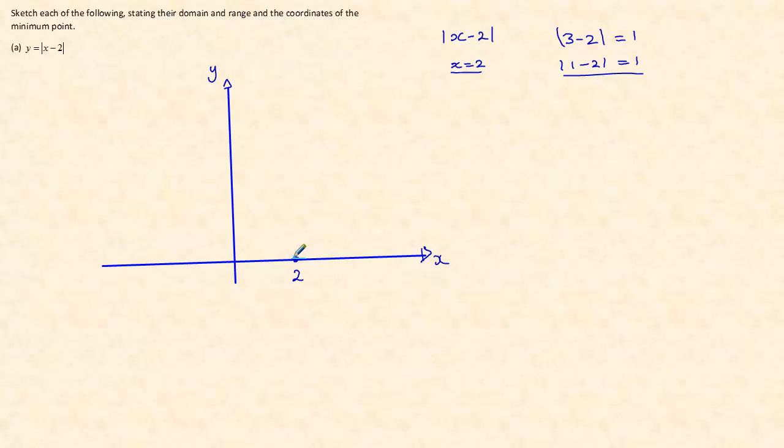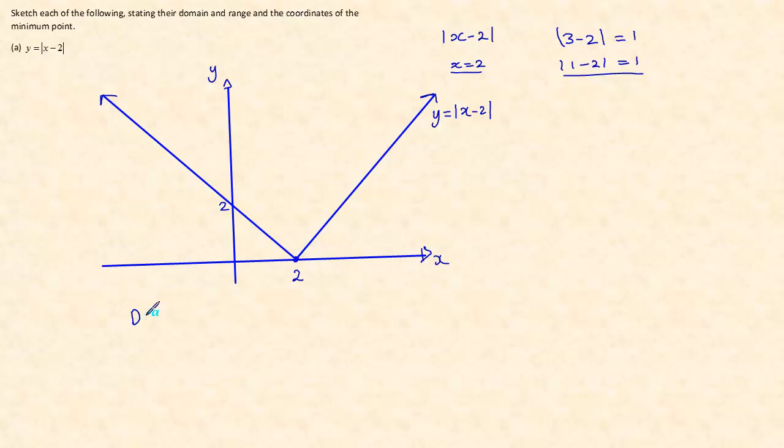So what we're going to get is this situation. And so this is y is equal to mod x minus 2. And this limb here is part of y equals x minus 2. And this one over here is part of y equals 2 minus x.